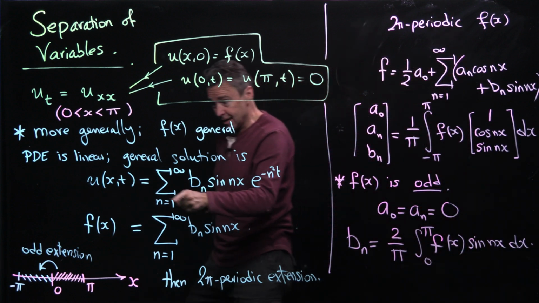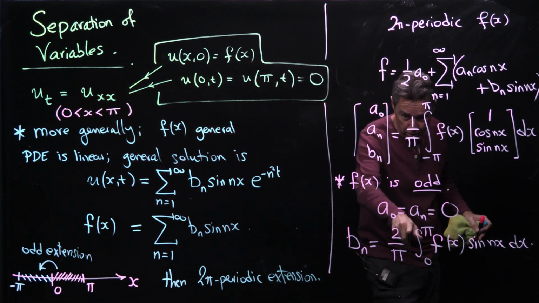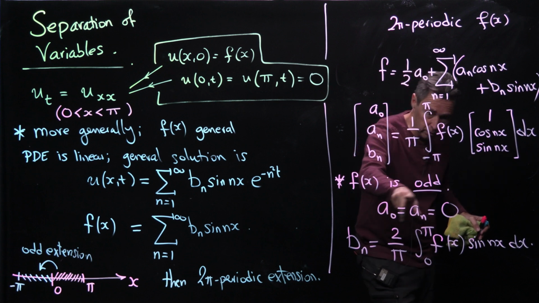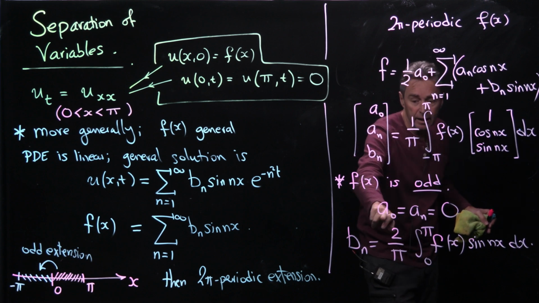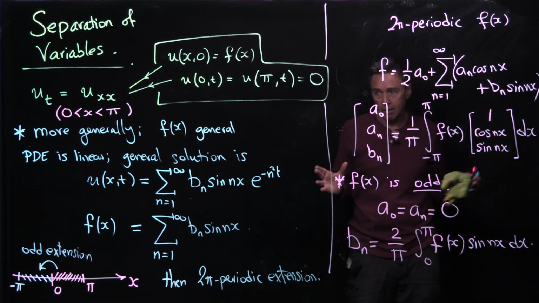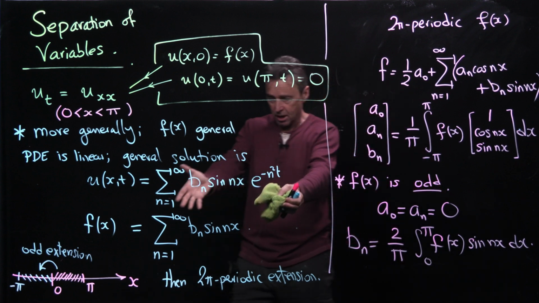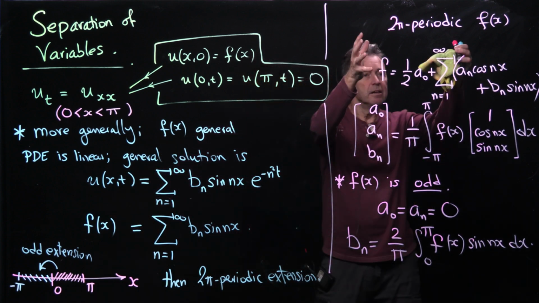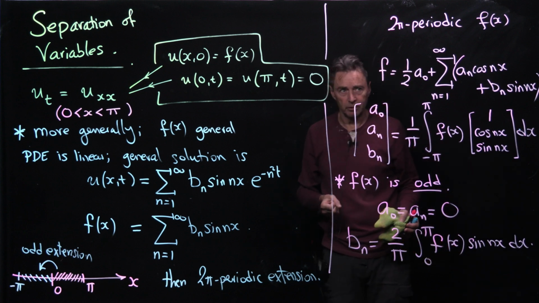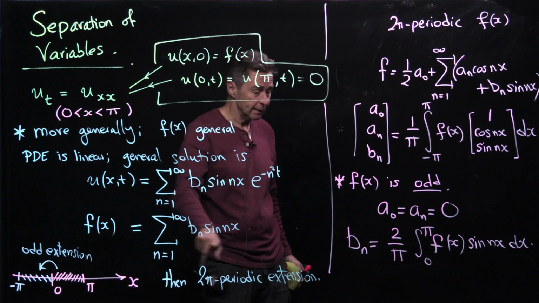And the fact that I insisted that it was odd here means that I have a Fourier series for it that only depends on the sine functions. The a0 and the an's are all 0. So at that point, I say, oh, well, I've extended the problem here in such a way that it can be related completely to this Fourier series problem, and I know how to pick the bn's.